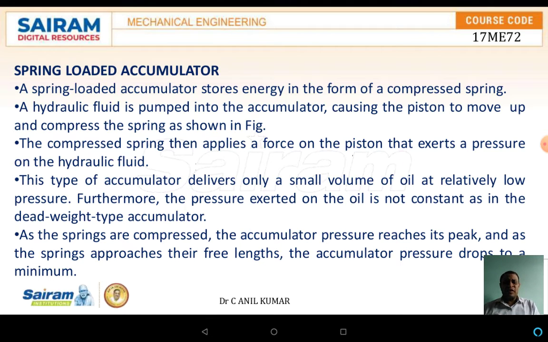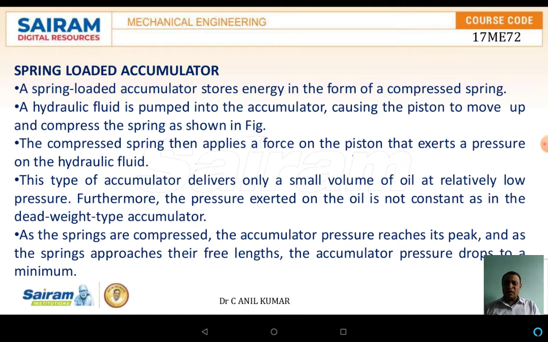These accumulators deliver a small volume of oil at relatively low pressure. Furthermore, the pressure exerted on the oil is not constant. It is variable, or linearly incremental, but in the dead weight accumulator the pressure applied is constant.